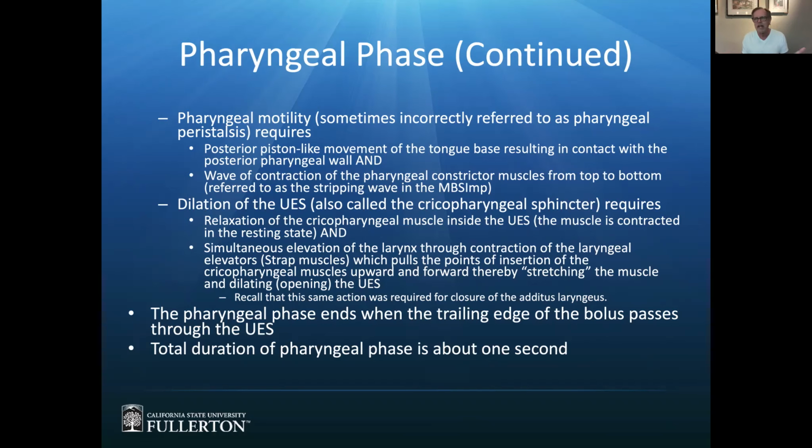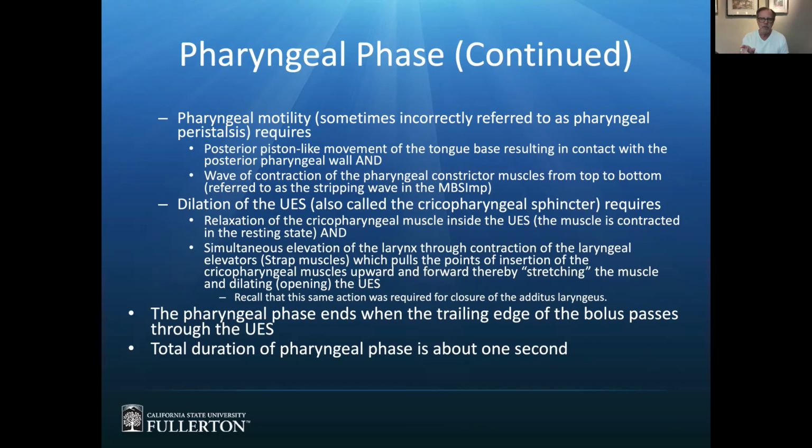You're relaxed, you're not eating, but the cricopharyngeal muscle is contracting. When you swallow, it's got to relax. So it's sort of the opposite of everything else that's occurring, where you're contracting muscles to move that bolus down. When it gets down to the UES, the cricopharyngeal muscle has to relax. So that's one thing: relaxation of the cricopharyngeal muscle.